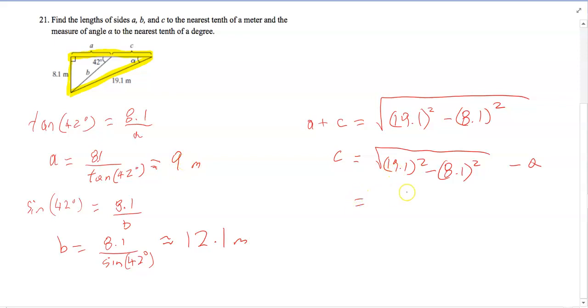Okay, so let's work this down. That would be plugging it in for A: the square root of 19.1 squared minus 8.1 squared, minus 9. Put that in your calculator. You get that C would be about 8.3 meters.